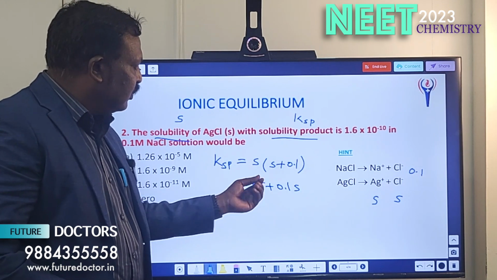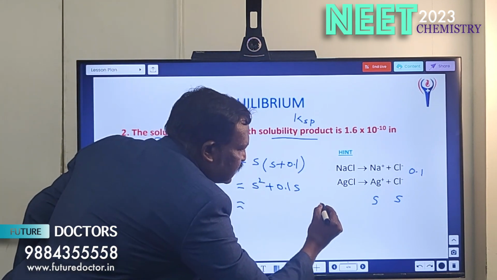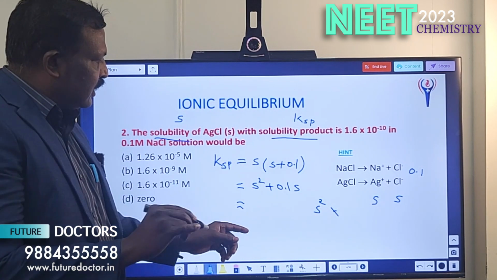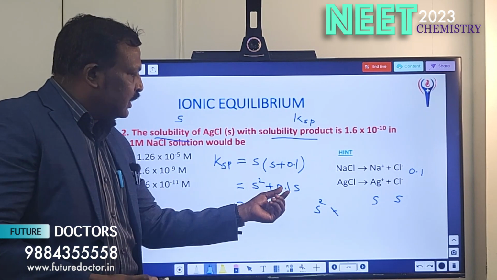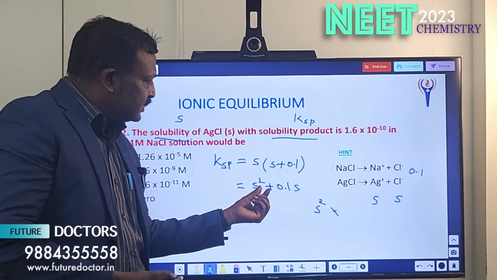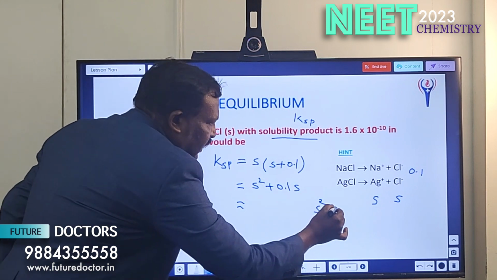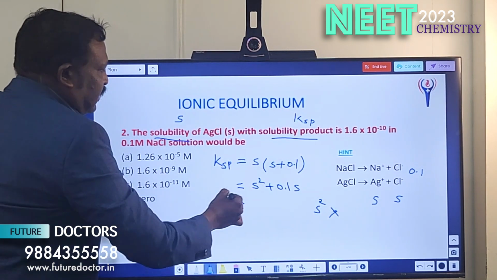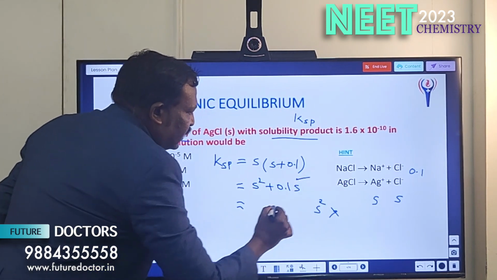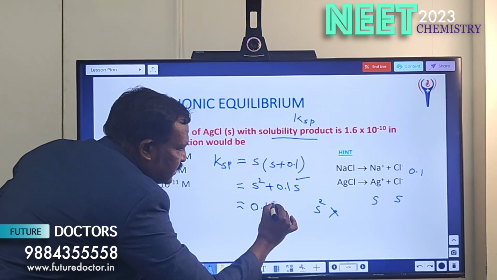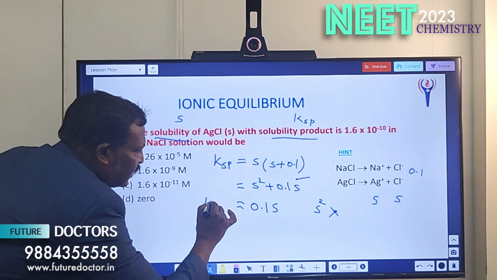So the S square is neglected. When compared to 0.1, the S value is very small. Then only we are neglecting the S square. We can consider only this value, so 0.1 only we consider. On the left-hand side, KSP.